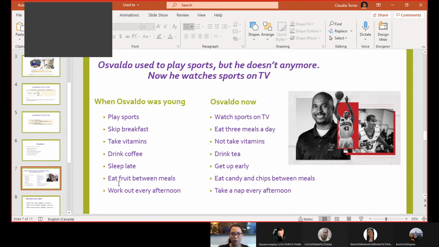Okay, so we also have eat fruit between meals and work out every afternoon. You can use those, or even use some of these to make your own sentences. So I'm going to write some examples.